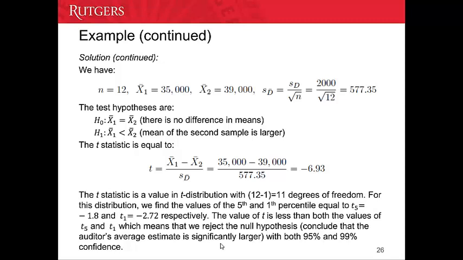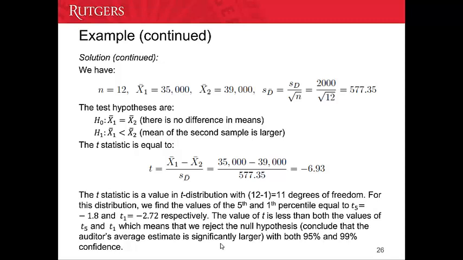For the hypothesis test, we can set the null hypothesis: there is no difference in means. The alternative hypothesis is a one-tailed hypothesis. It says that the mean of the second sample is larger than the mean of the first sample.